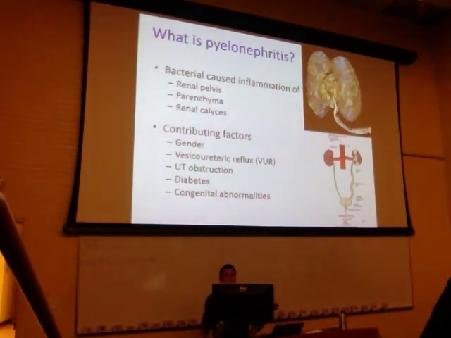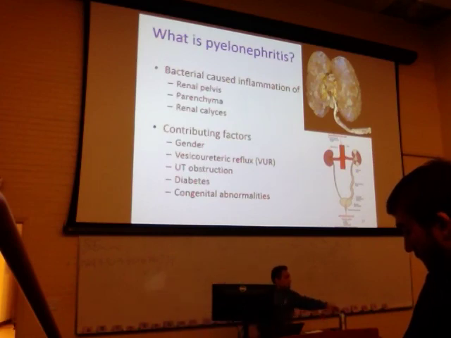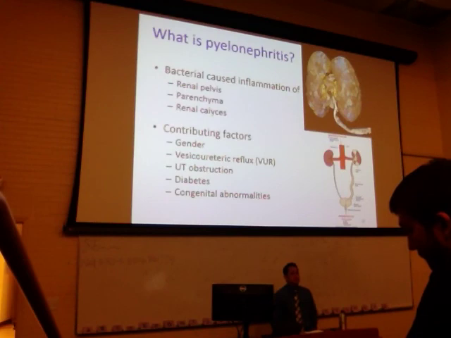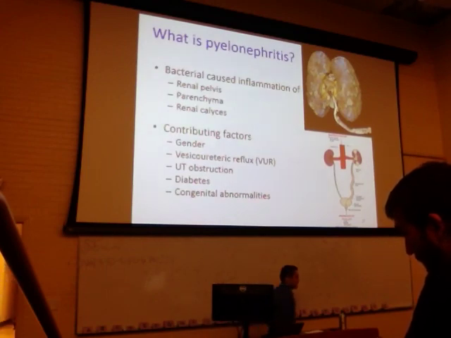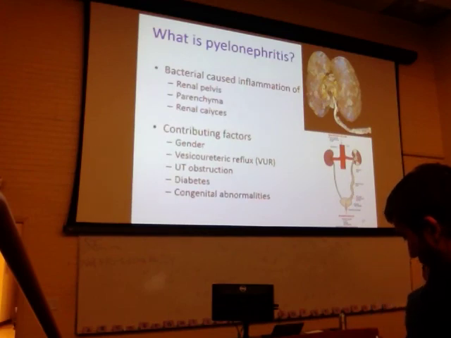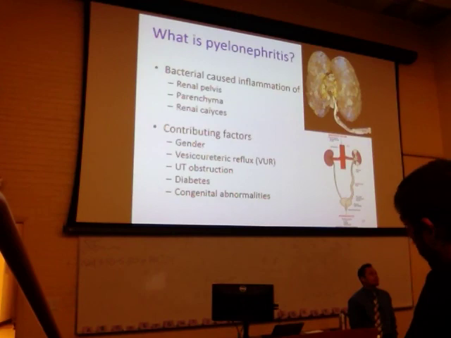A urinary tract obstruction would decrease urine outflow, so you're not cleaning out the pipes quite as frequently, so that could cause it. Diabetes is a risk factor. Why is diabetes a risk factor? Because the glucose concentration in diabetic urine, if it's unmanaged, is pretty high.